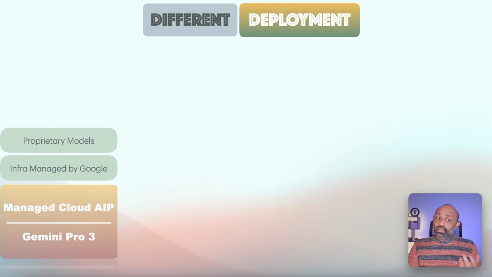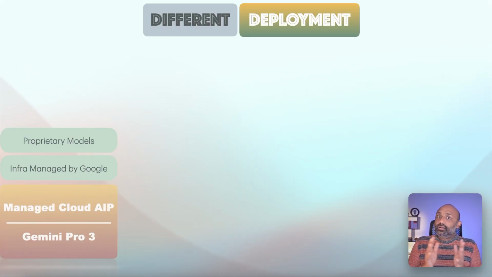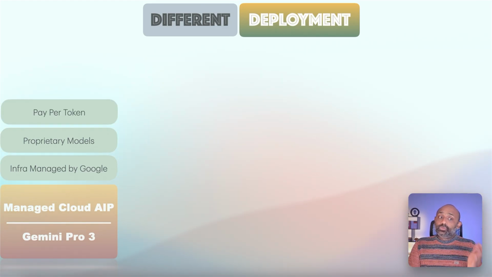In this case, the main thing we need to understand is the infrastructure is managed by the provider. In this case, it is Gemini Pro 3. So Google manages the infrastructure, and they offer the proprietary models. When I say proprietary models, the model weights are not shared. This is all proprietary to Google itself. They own that model. We pay using a pay per token model. When we use the APIs using a managed cloud option, we pay per tokens.